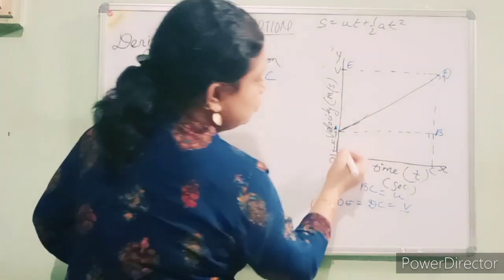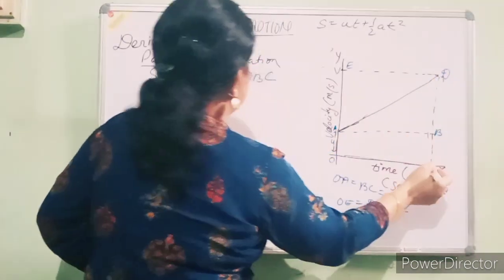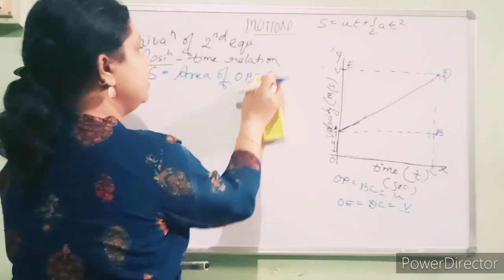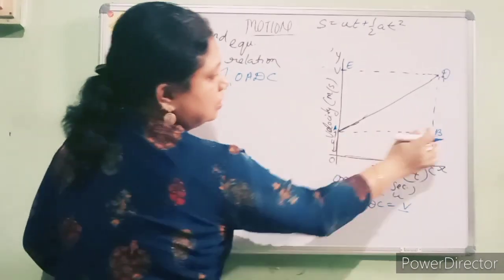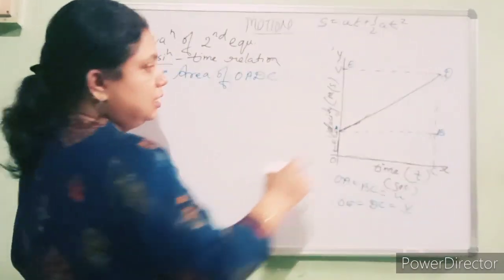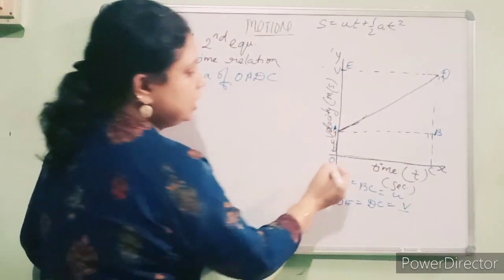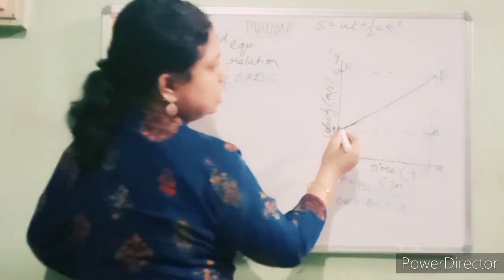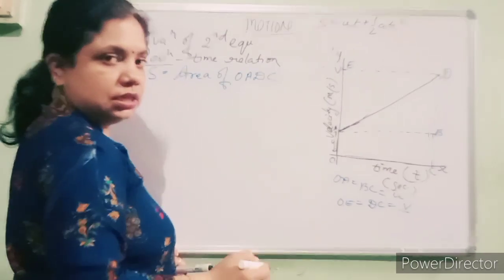Students, in OADC you observe there is one rectangle, which is OABC, and one triangle, which is ADB. Clear?